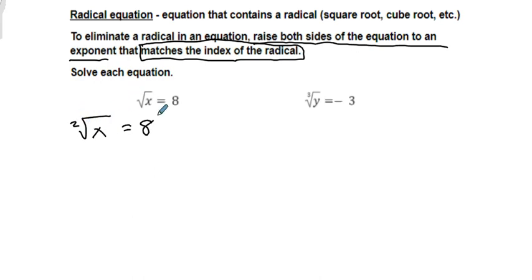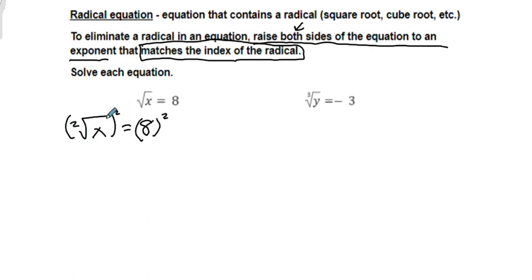So that means that we're going to raise both sides, and that's really important because this is algebra and keeping things balanced. So we're going to take this side and square it. We're going to take this side and square it. And whenever you match the index with the power, it basically gets rid of anything exponent or root related.